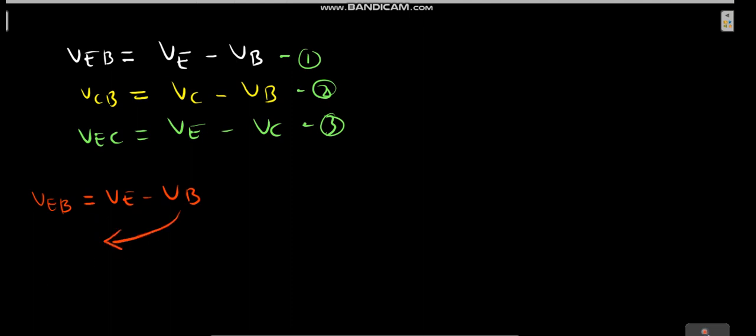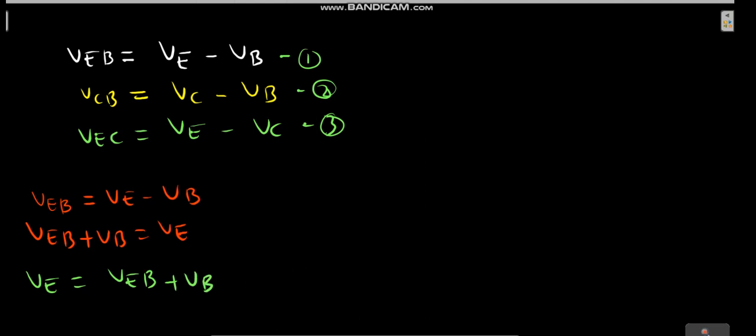Then we have VEB plus VB to be equal to VE. But I'm going to rewrite this the other way. So then we have VE to be equal to VEB plus VB. Okay, it's the same thing.